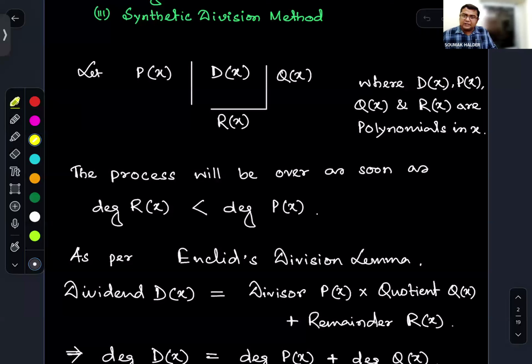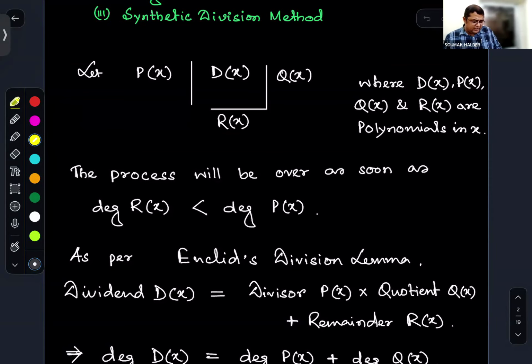If p of x, q of x and r of x are all polynomials, so if we divide the dividend polynomial d of x with the factor polynomial p of x, which generates quotient q of x and remainder r of x, the process will be over as soon as we get a remainder having degree less than the divisor.